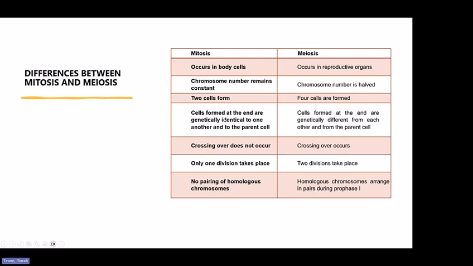Cells that are being formed at the end of mitosis are genetically identical. They're not different, and they're also identical to the parent. But during meiosis, cells that are being formed are genetically different from each other and also different from the parent cell.